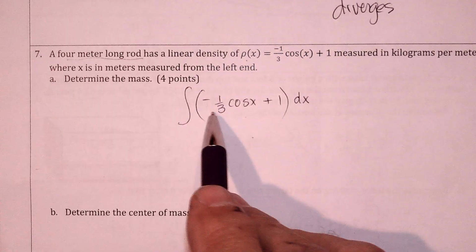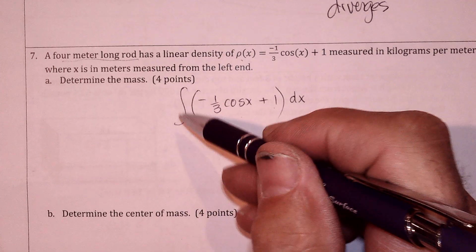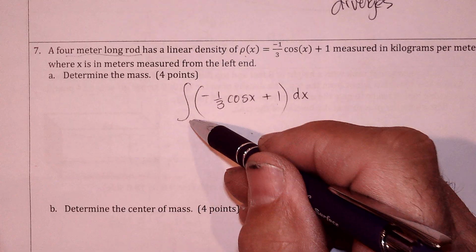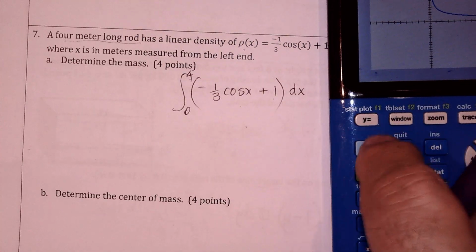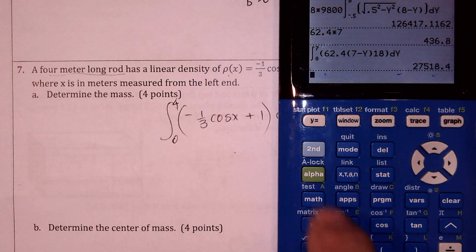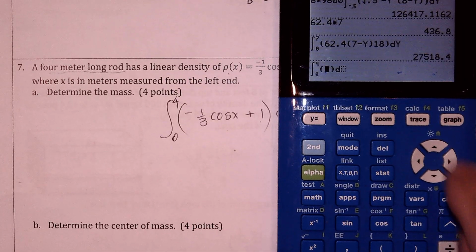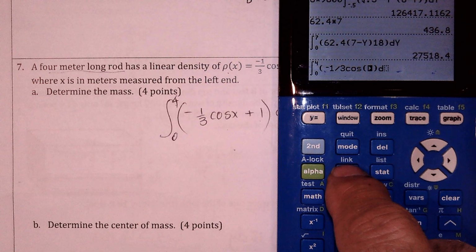And we want to add up all the little chunks, each little chunk with its mass at different x distances. x is measured there, and it's 4 meters long, so from 0 to 4, and we get math 9, 0, 4, negative 1 divided by 3 cosine x.